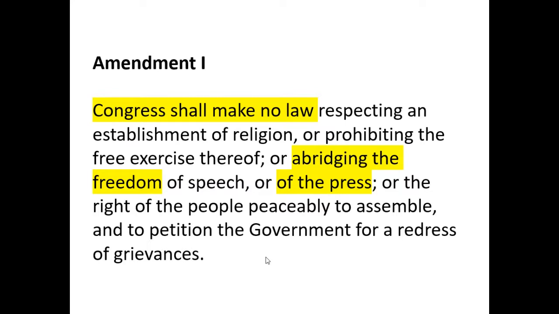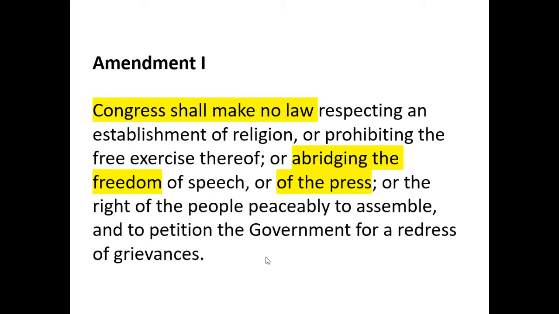And if you go to the Fourth Amendment about searches and seizures, Congress shall make no law abridging the right of the people to be secure in their persons, houses, papers, and effects against unreasonable searches and seizures. Do you understand what I'm saying? That is the logic of the Bill of Rights as it pertains to the limitation on the power of government. Its original intent was to limit the power of the national government, and that's why they very deliberately put the word Congress there.